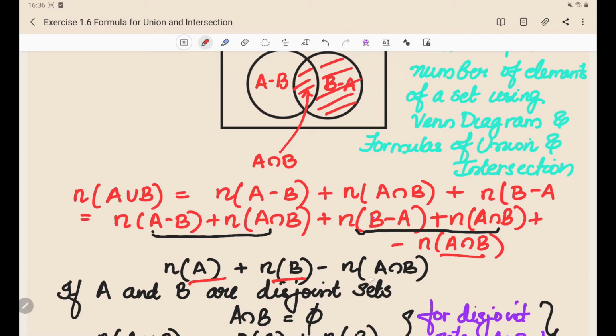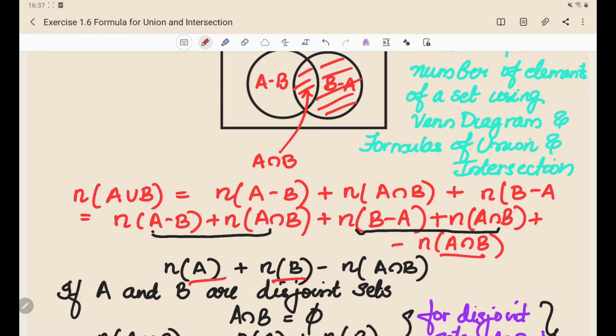So you subtract one time the A intersection B, because with the subset A, A intersection B is included, and also with the subset B, A intersection B is included. So you have to subtract one time A intersection B from n of A plus n of B to get n of A union B.